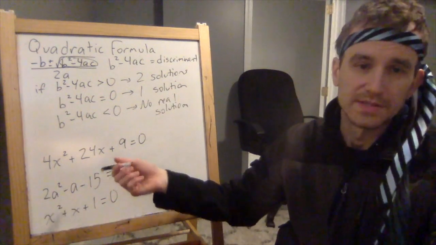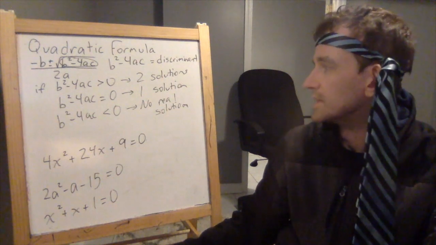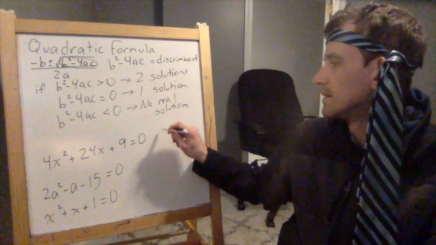So if we want to determine how many solutions this has, take b squared minus 4ac.